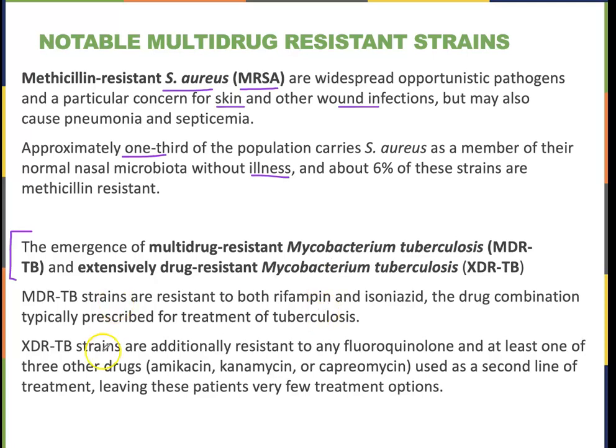We have two forms of it. This one is resistant again against the two very common drugs that treat it. XDR-TB is additionally resistant to other drugs. So it's going to be very difficult to treat someone who has the strain of XDR-TB, right? Which is going to be an issue, not so much in the United States, but in other countries where tuberculosis is very prevalent.